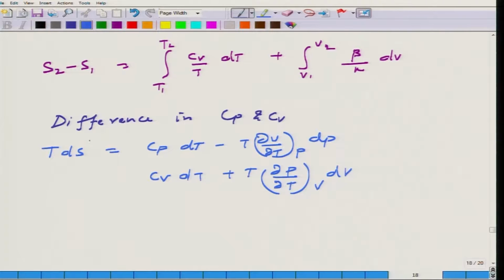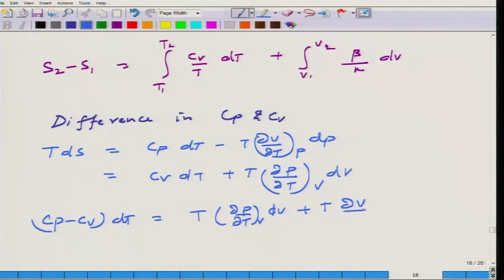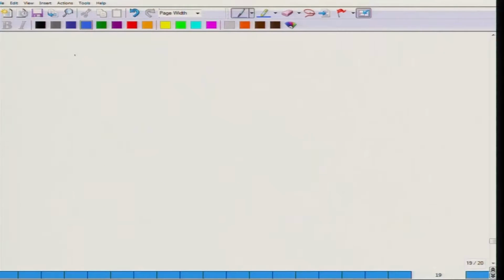Of course I can take the difference between these two, and because the left hand side is 0, this becomes (Cp minus Cv) dT, and I can take the rest to the right hand side. This becomes T (dP by dT)_V dV plus T (dV by dT)_P dP. Now I can divide this term here and get the following expression.